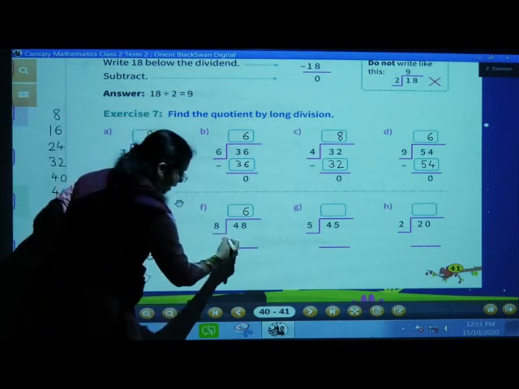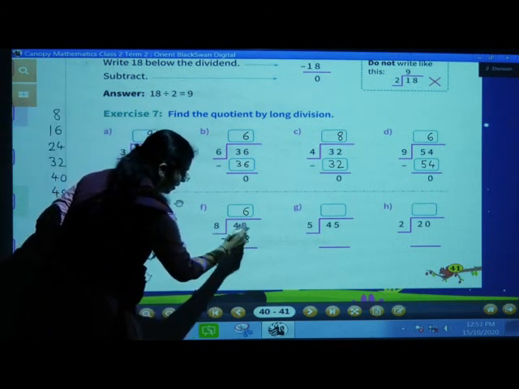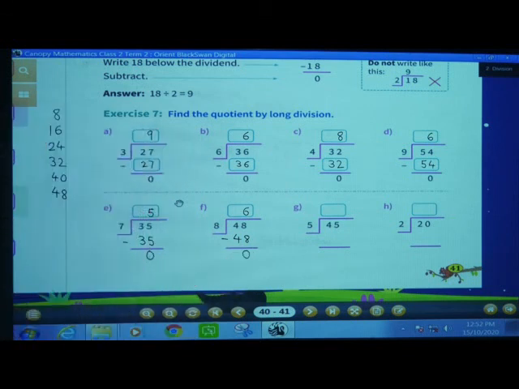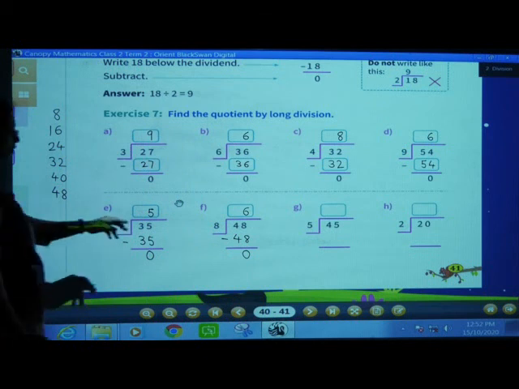Okay. Subtract this 48 from this dividend. 48 minus 48, 0.